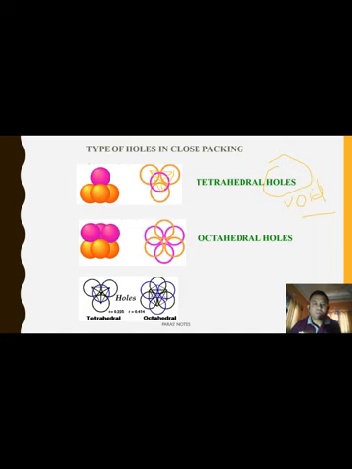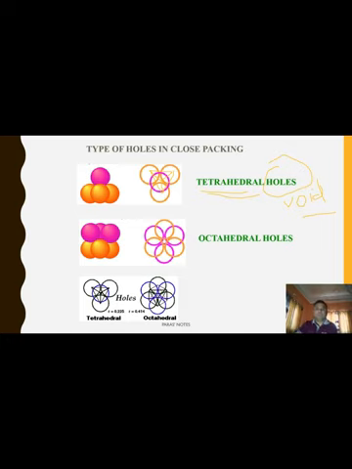Here you can see the yellow line which I made is a tetrahedral structure. That is why the empty space in the middle is called a tetrahedral void. Whereas here, six spheres, one kept over the other. You can see the yellow one, the brown one, and the purple one overlapping with each other. The gap created in the middle is called an octahedral void.